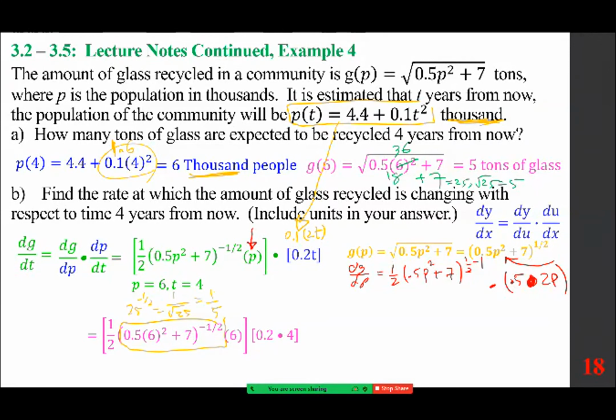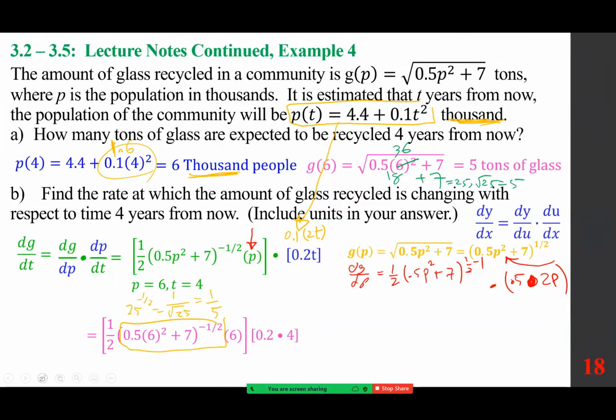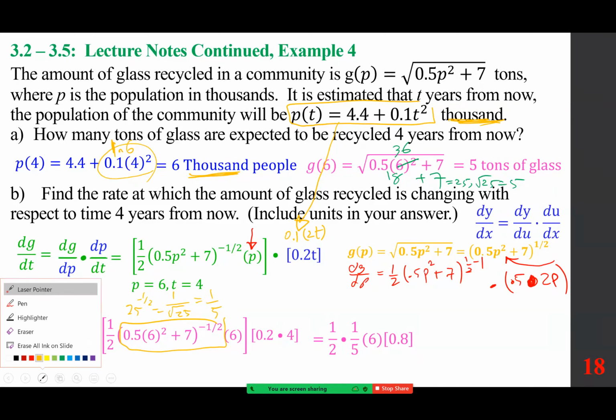So we have 1/2 times 1/5 times 6 times 0.8. Okay, now this one drops this one.